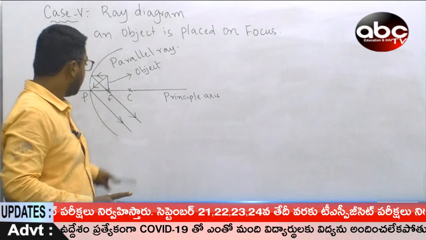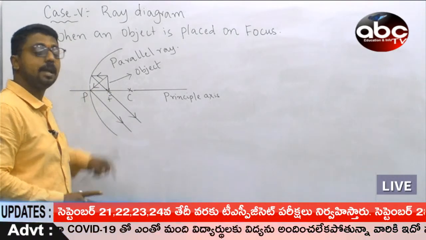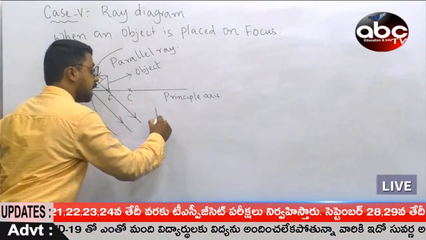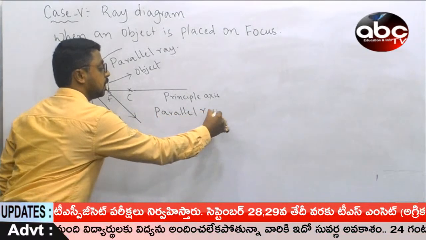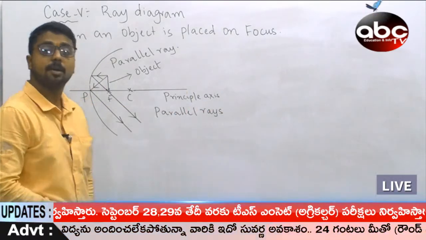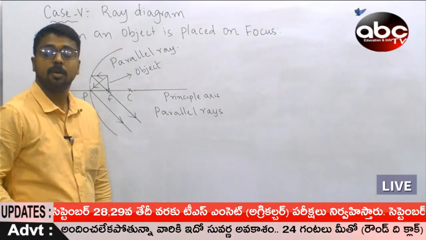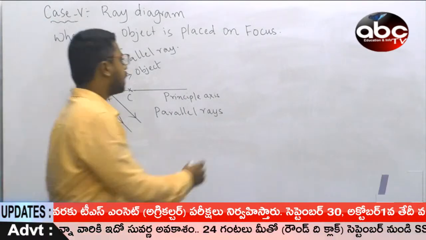That is, here we are not able to expect any type of meeting because these are parallel rays. Parallel rays వచ్చినాయి ఇక్కడ మనకు. ఆ రెండు ఎప్పుడు కలవవు.